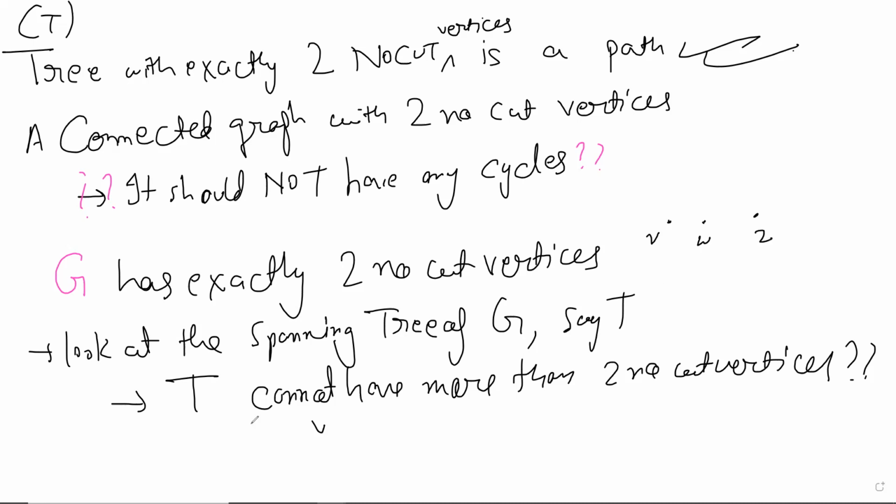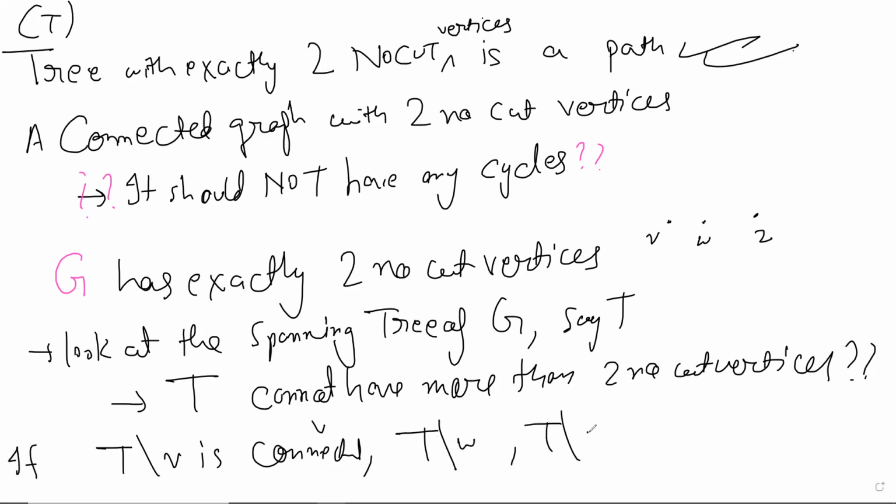So T cannot have, because if T had 3 no-cut vertices, their removal does not disconnect the graph. T minus V is connected, T minus W is connected, T minus Z is connected, then obviously G minus V will also be connected.